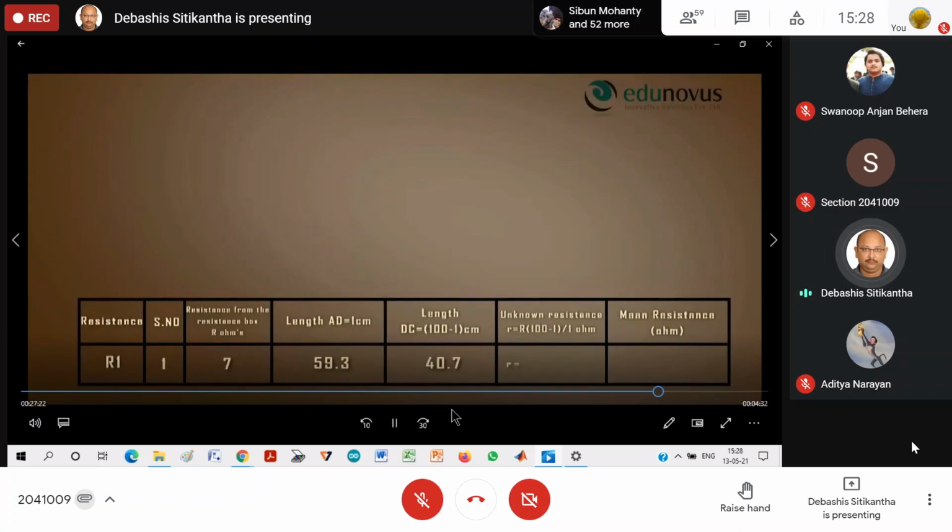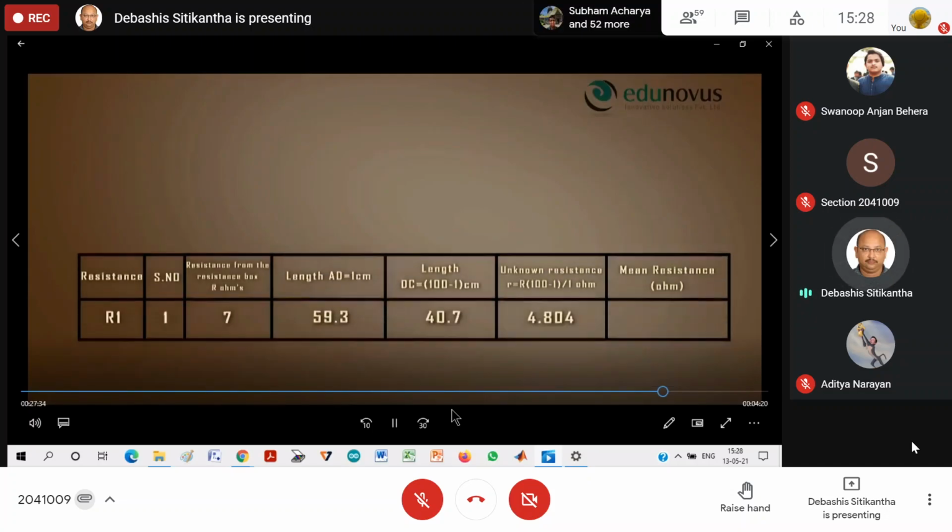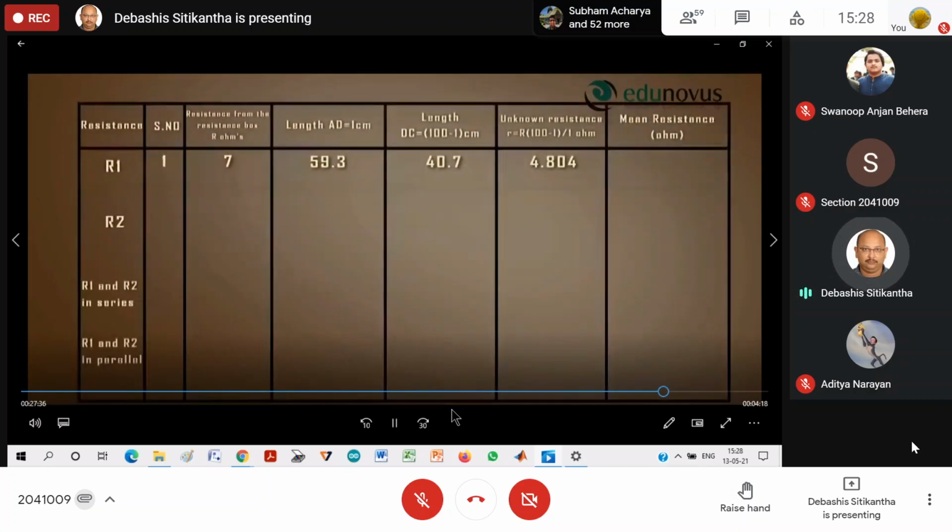Unknown resistance R is equal to 7 into 40.7 by 59.3, that is 4.804 ohms. Similarly, the other observations when R1 is connected are as follows. Mean resistance R1 is equal to 4.818 ohms.